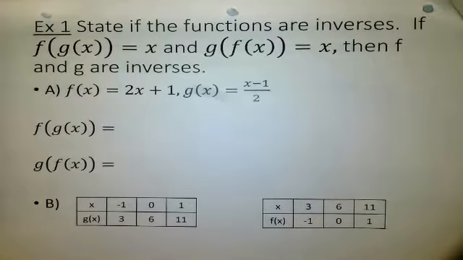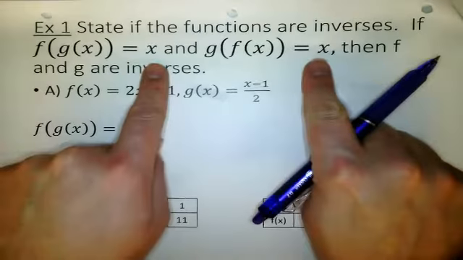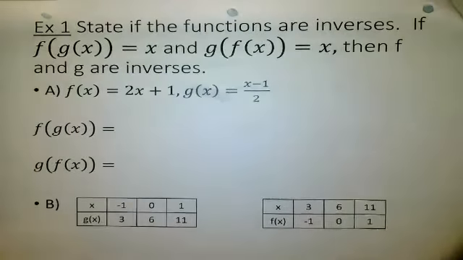If we get x's out, then f and g are inverses. Some of them on your worksheet are going to be inverses and some are not. So let's see what happens here. f of x is 2x plus 1, and g of x is x minus 1 over 2.